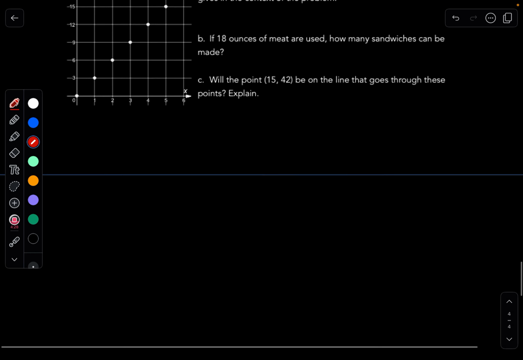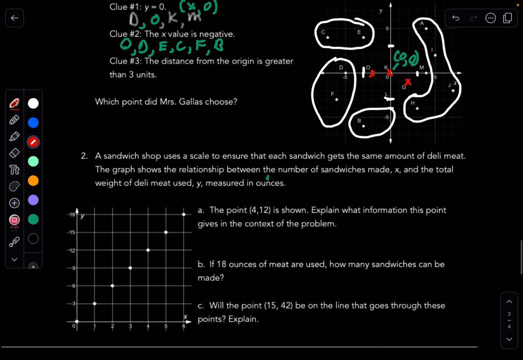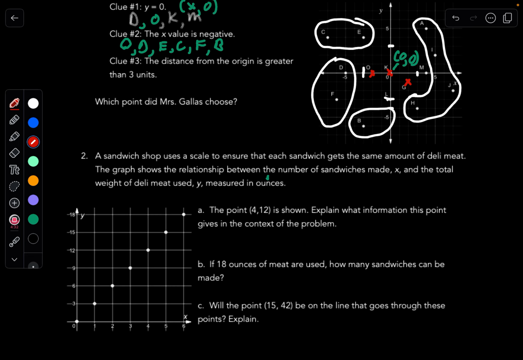All right, last one. A sandwich shop uses a scale to ensure that each sandwich gets the same amount of deli meat, which is important, because you don't want to be giving unportioned sizes and giving more meat to a certain customer than another, because that can get you into a world of hurt. People could be accusing you of things.